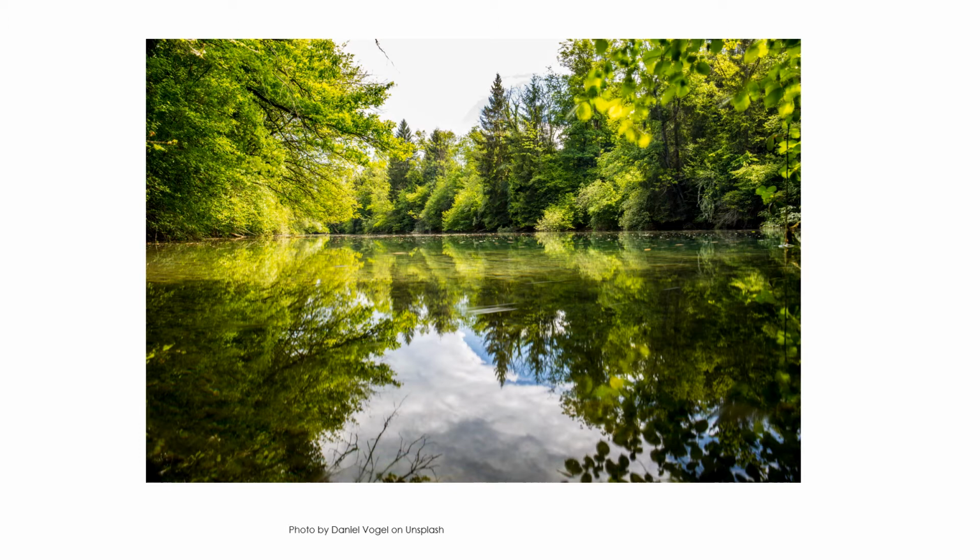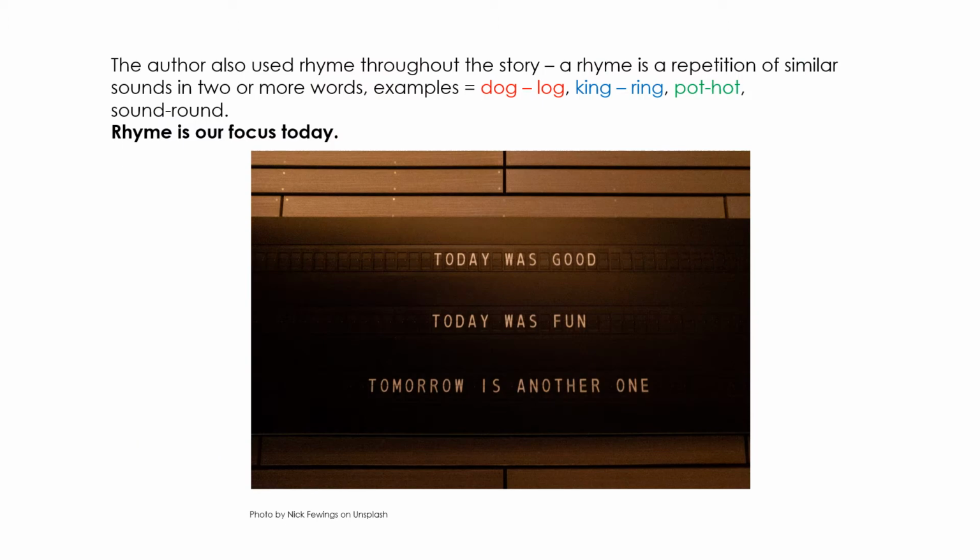Think back to the descriptions that James Herbert Rees used to describe Lester and Clyde's home. His clever choice of words helped the reader to picture the beautiful pond and the safe surroundings. The author also used rhyme throughout the story.